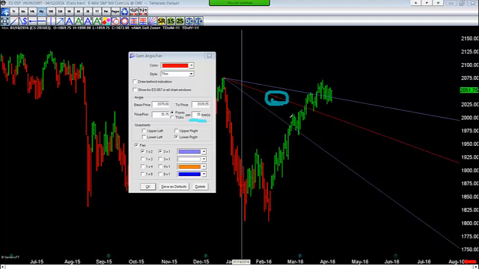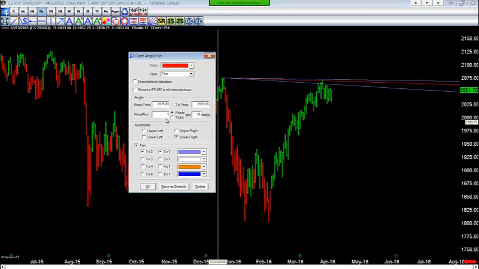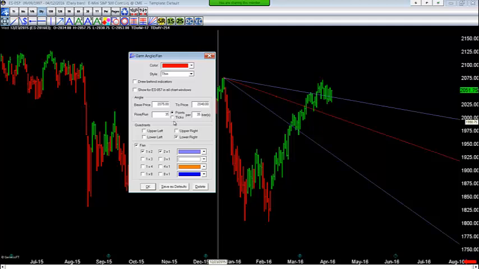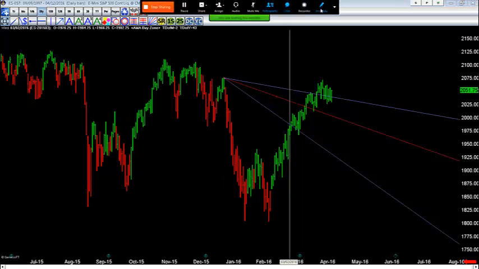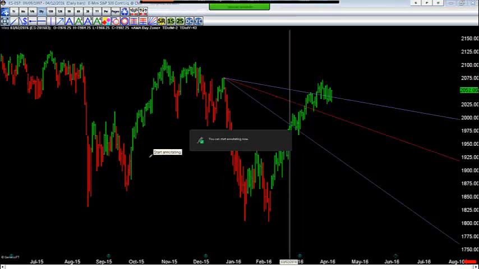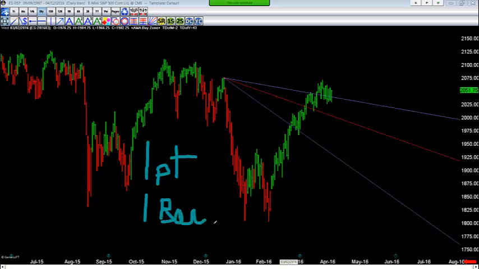So that's 35 bars. So what I'm going to do is make this over here, the rise and run, 35. So now it's equal. So now watch what I mean. I'm going to go down the 1-to-1 line. The 1-to-1 line means 1 point per 1 bar. Okay? Per 1 bar.